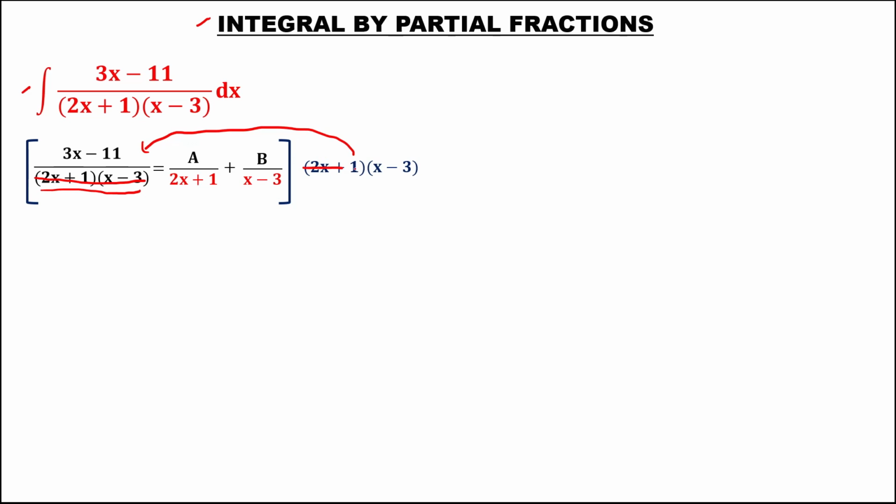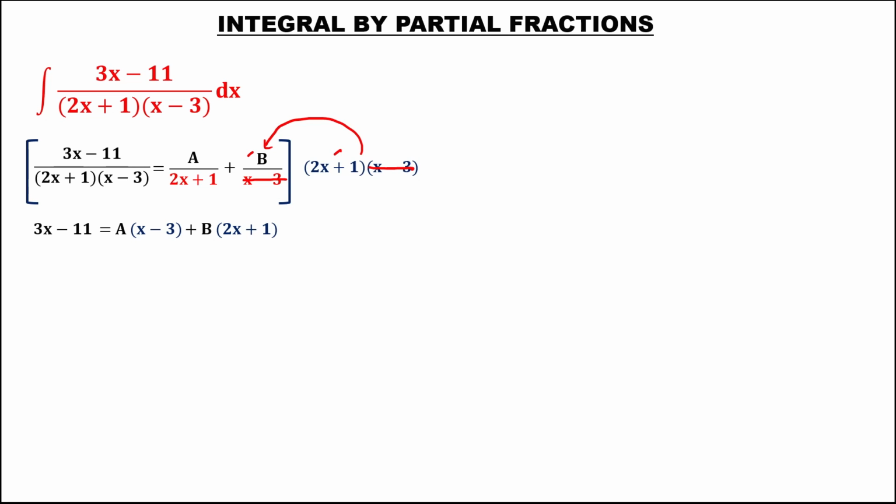The remaining on this term is 3x minus 11, equals, distribute to this term, then we can cancel 2x plus 1, so the remaining is A times x minus 3, plus, distribute to this term, then we can cancel x minus 3, so the remaining is B times 2x plus 1.